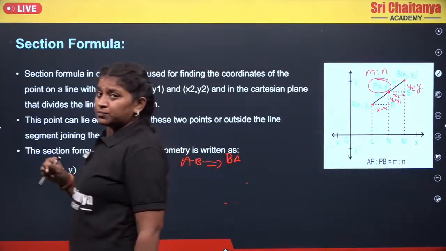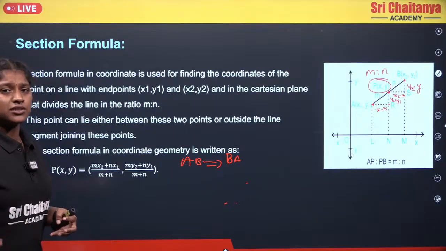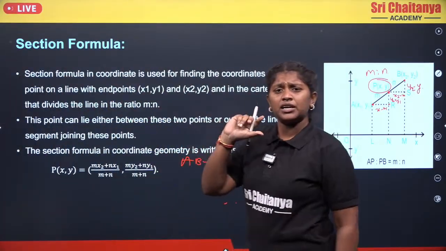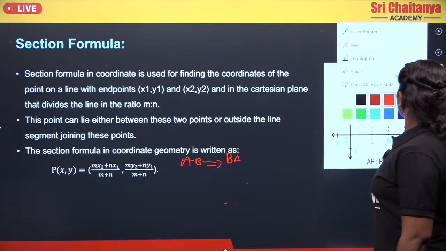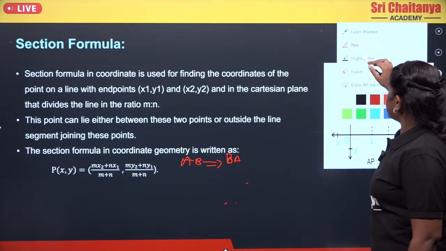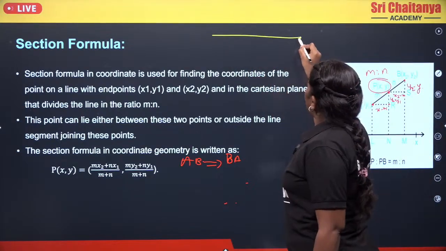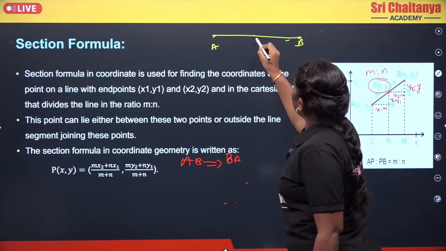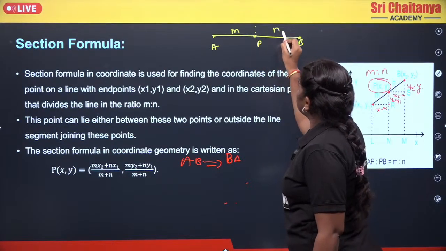Now coming to the extension of the section formula. Sometimes we have heard about the point of trisection, so that we will discuss now. I am saying that we have a line AB and a point P which is dividing the line segment in the ratio of m:n.